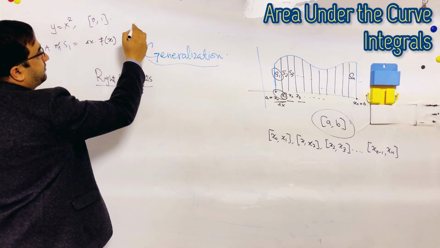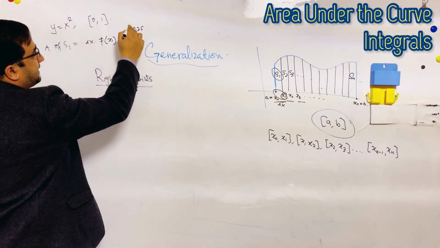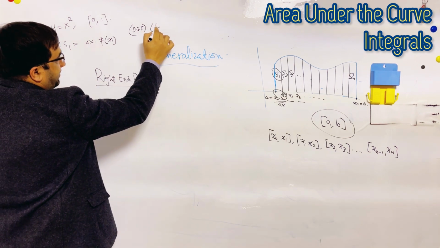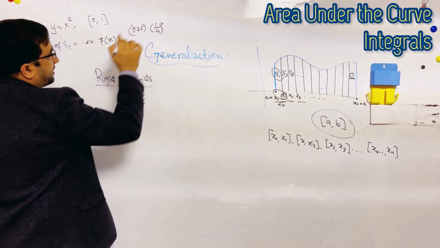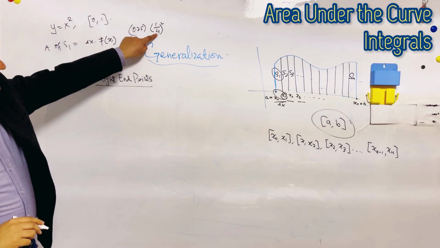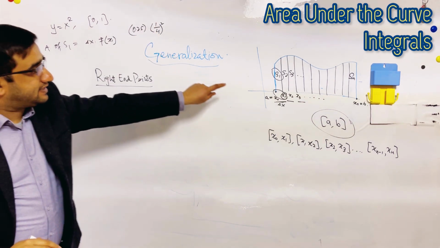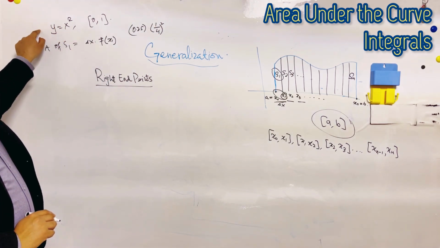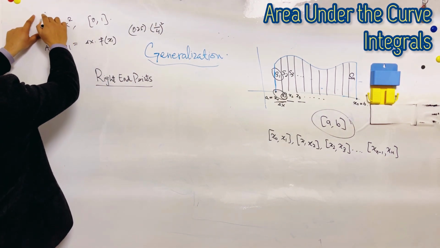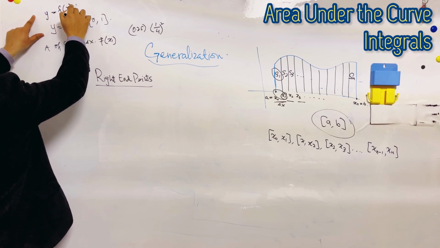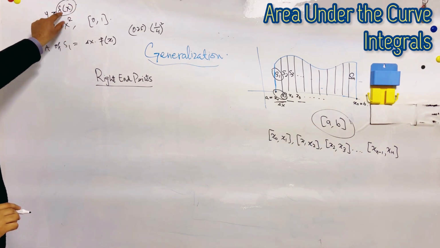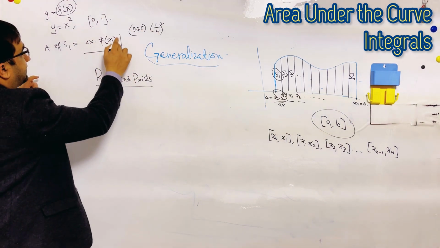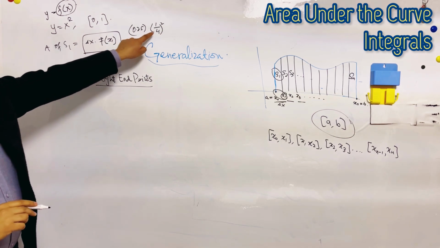So this was the rule when we were doing it for that. For example, when we were doing it for 0.25 as the delta x, we said this thing will be 1 by 4 square. This 1 by 4 was x1 and the square was coming from the rule of the function, y is equal to f of x. So we were applying the rule of the function on this point.